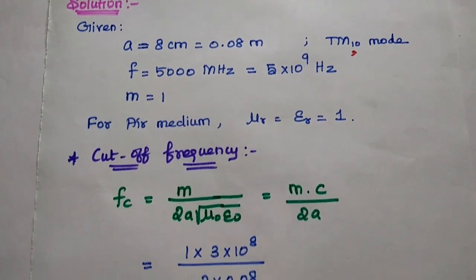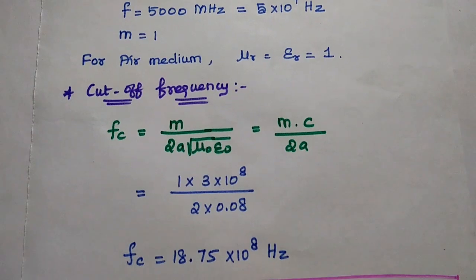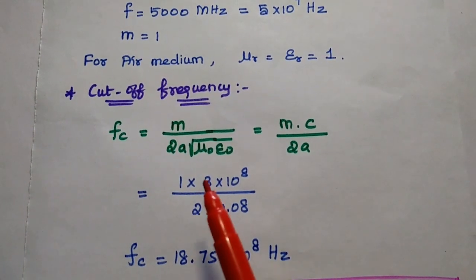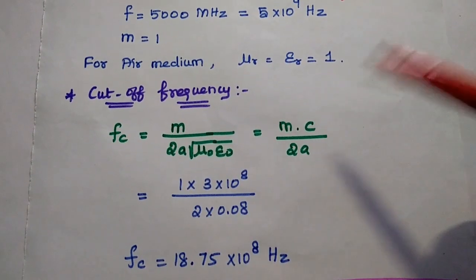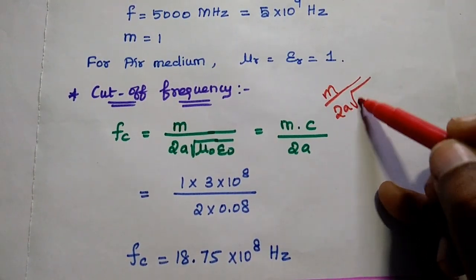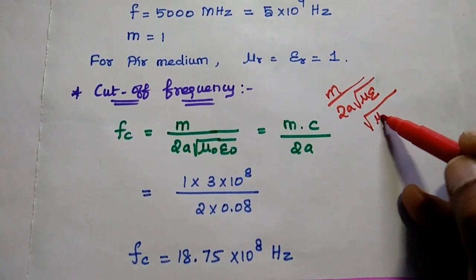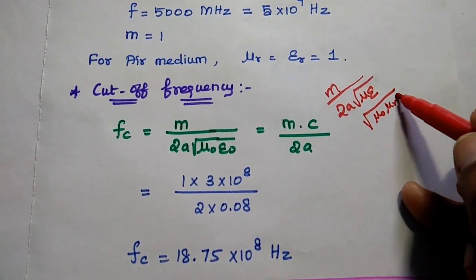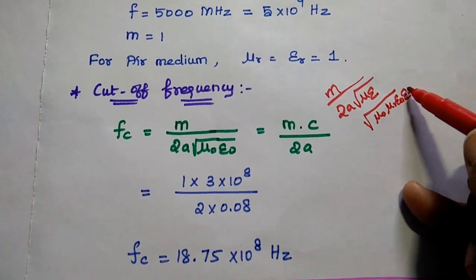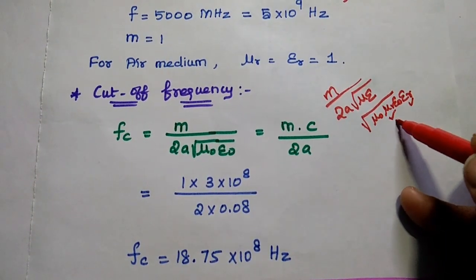Now we are going to find the cutoff frequency using the formula m by 2a square root of mu naught epsilon naught. Actually the formula is m by 2a square root of mu epsilon. Here mu epsilon is nothing but mu naught mu r epsilon naught epsilon r, and mu r and epsilon r are equal to 1.